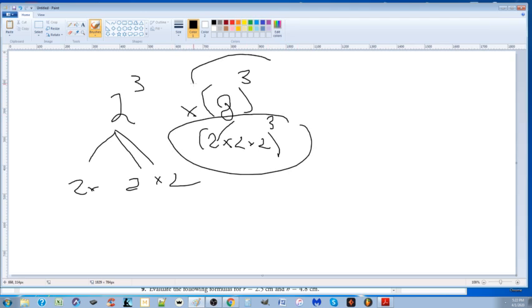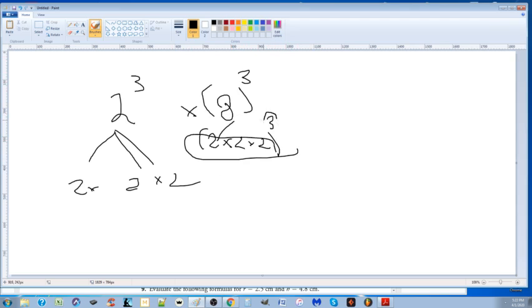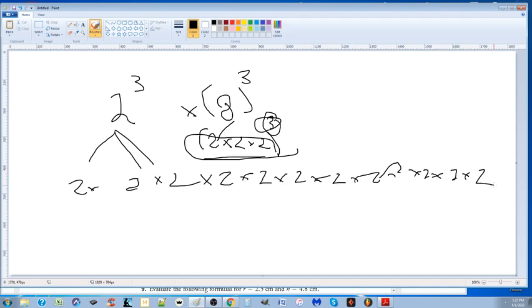So this is the same as that. Okay, and all of this simply means times itself, all the bracket, times 3 times. Well, there's 3 2's, 3 times, so there's going to be 3 more 2's, 3 more 2's. So I got times 2, times 2, times 2, times 2, times 2, times 2, times 2, times 2, times 2. So that's 3, 3, and 3. So that's 9 times here and 3 times there.